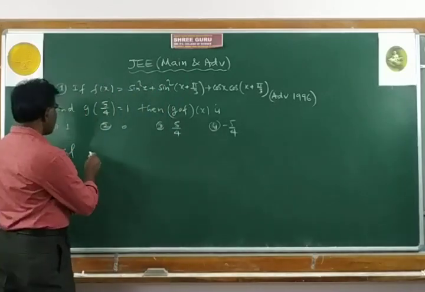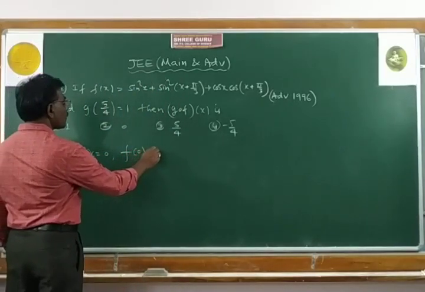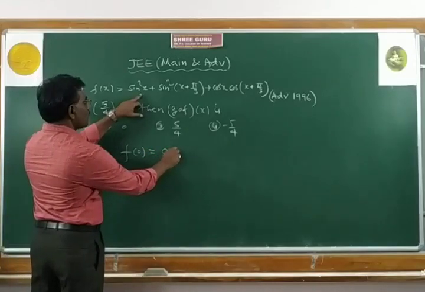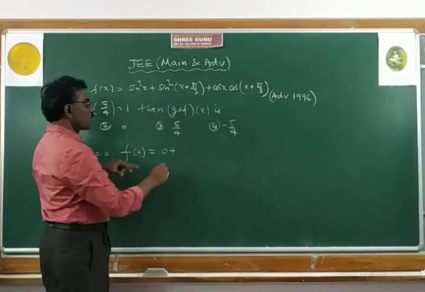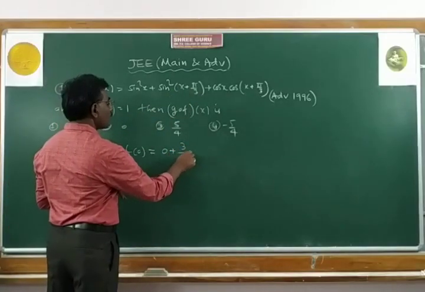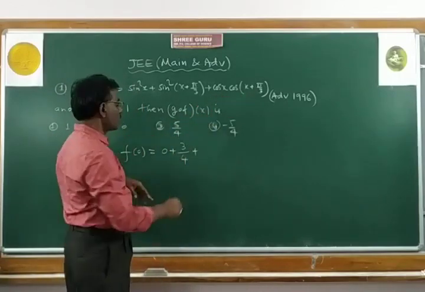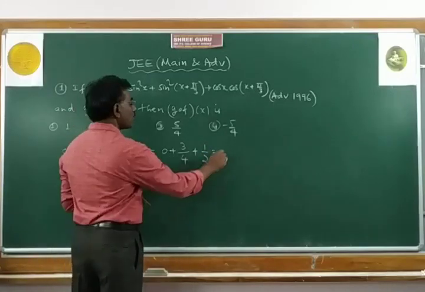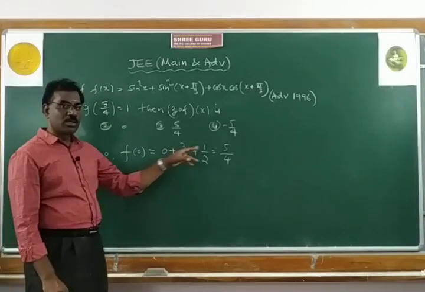So better you take x equal to 0. f of 0 equals sin square pi by 3, sin 60 degree, which gives root 3 by 4, cos 0 is 1 and cos 60 degree is 1 by 2. So what is 3 by 4 plus 1 by 2? It is 5 by 4. So f of 0 is 5 by 4.